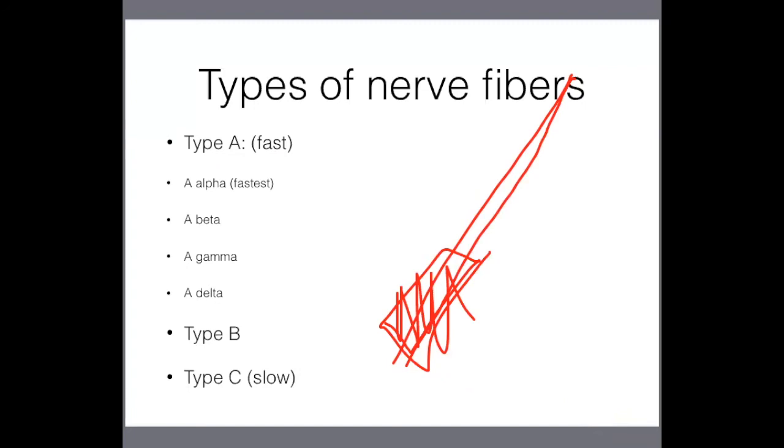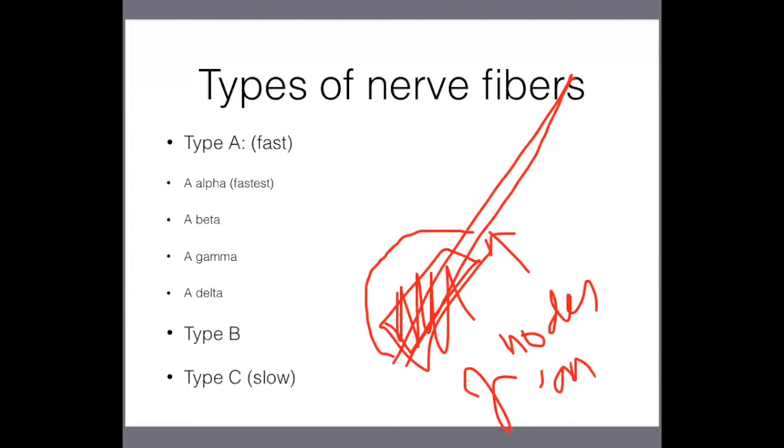Basically, an action potential jumps along the nodes. Just to recap, that way it becomes a lot faster, and since it's insulated, the energy is not lost, and at the same time it can jump and skip.